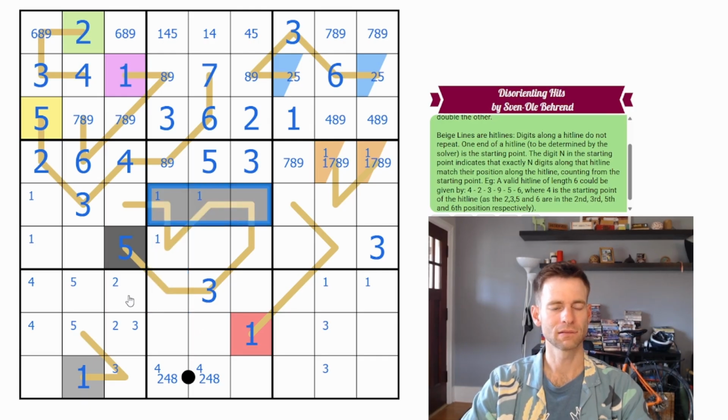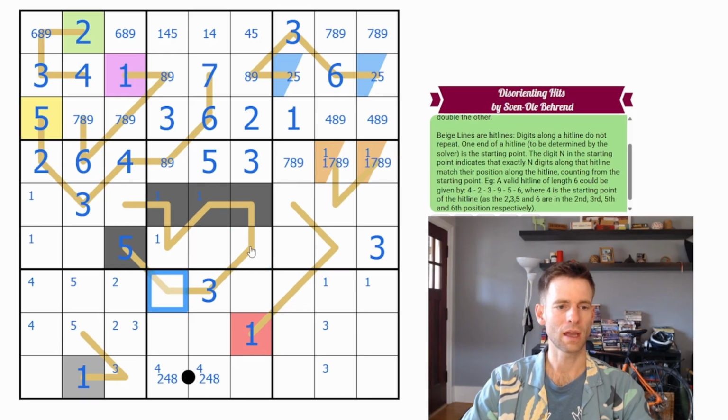We could play that game with other things too. Like, what would happen if this isn't a 2? Then this would have to be a 4.